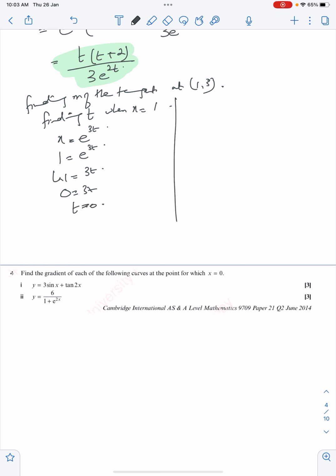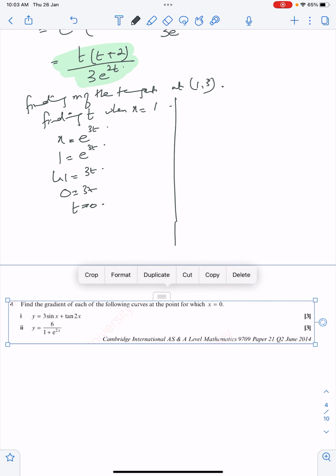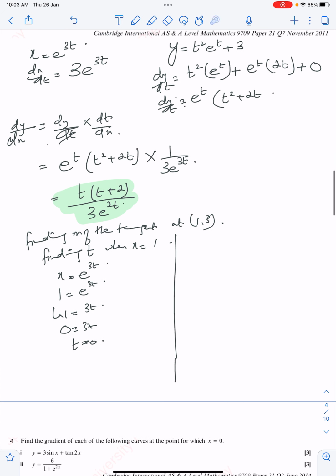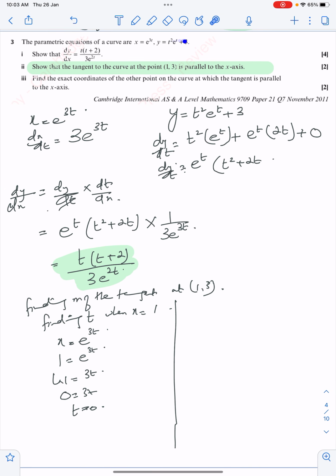Okay, even if you plug in the value of y as 3, which is given to you here, you will get the same value. Let's check. Okay, substituting y equals 3 to get t. So if I plug in y as 3, t square e to the power t plus 3.